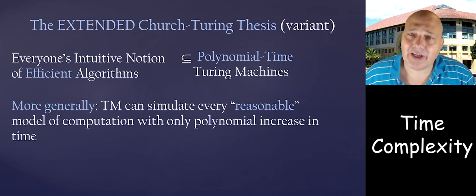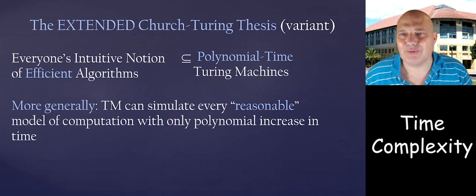If that's correct, then this notion of polynomial time will be completely robust to your definition of efficiency, of the computational model. So efficiency, if it's polynomial time is efficiency, then efficiency for every computational model will be the same.